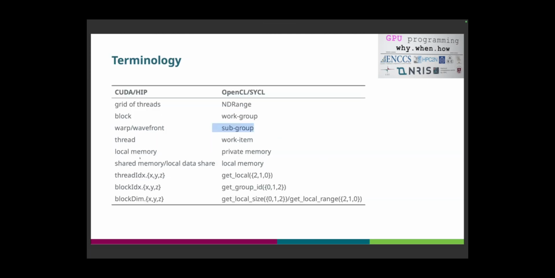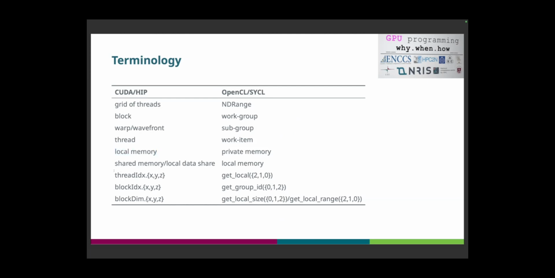We have this shared memory, which is on an SMP, which is very important for optimizations. SYCL calls it local memory. So don't confuse it with this local memory here in CUDA and HIP, which is actually referring to just the variables which are specific to a thread.